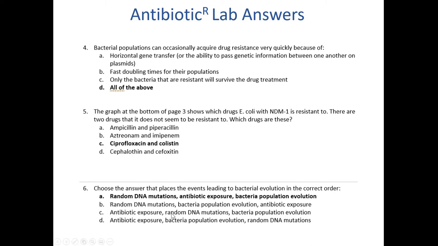They're just going to all die off in that case. So you have to have the random DNA mutations first. And again, this is because mutations do not arise due to selective pressures, right? Rather, they have to pre-exist, and then natural selection can act on them.